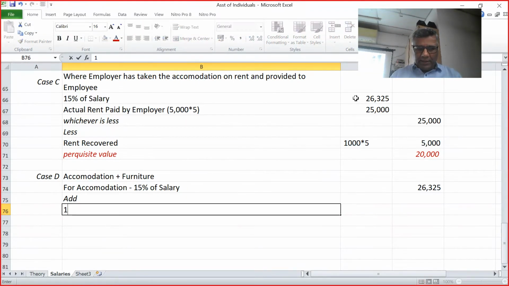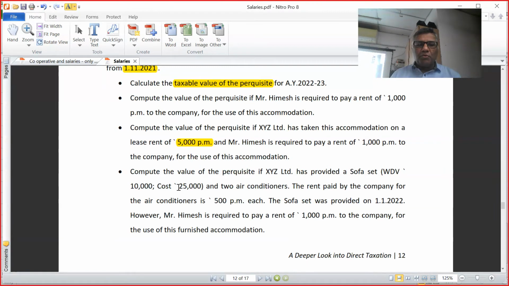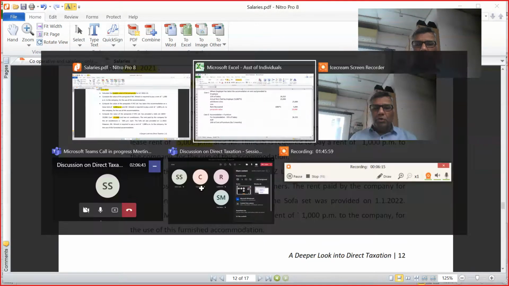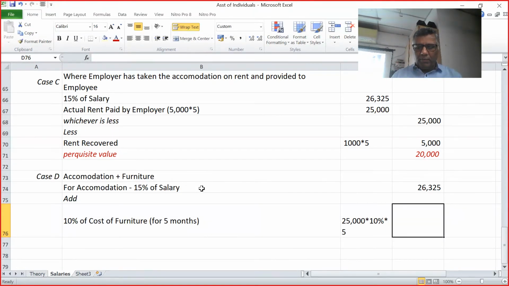and 10% of cost of furniture for 5 months. 10% of cost of furniture, not the book value, cost of furniture. 25,000 into 10% into 5.